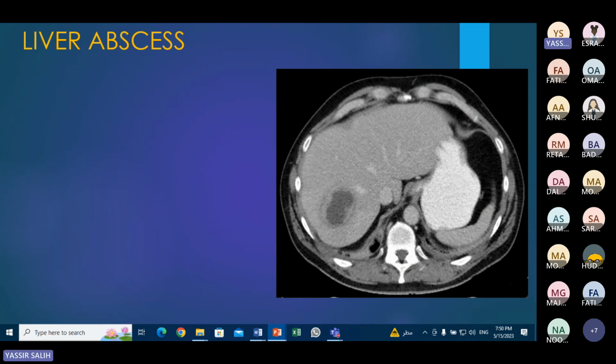This patient presents with right hypochondrial pain, high grade fever and high total white blood cells. What abnormality do you see?